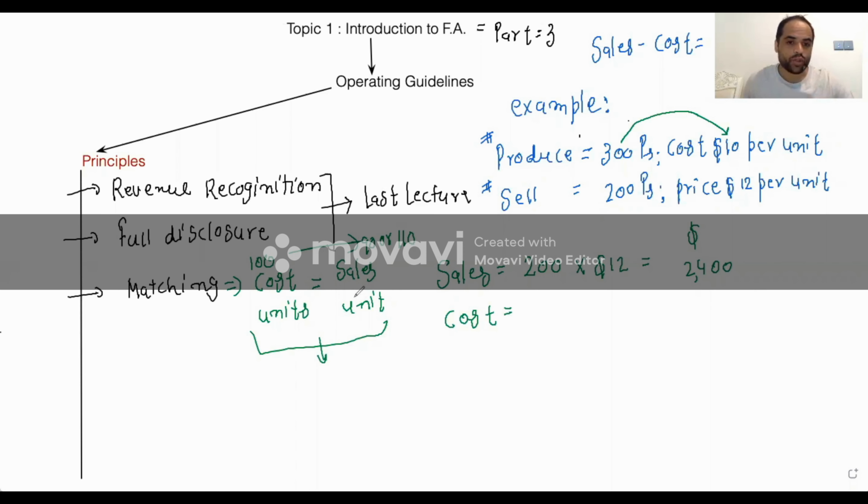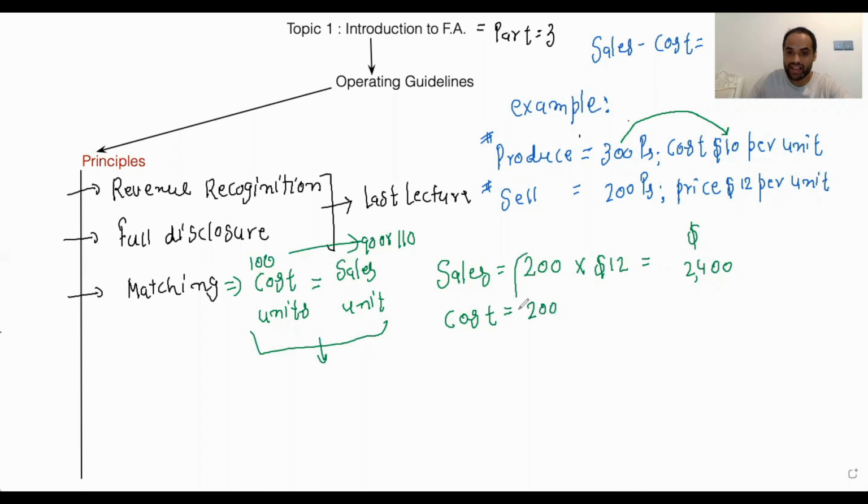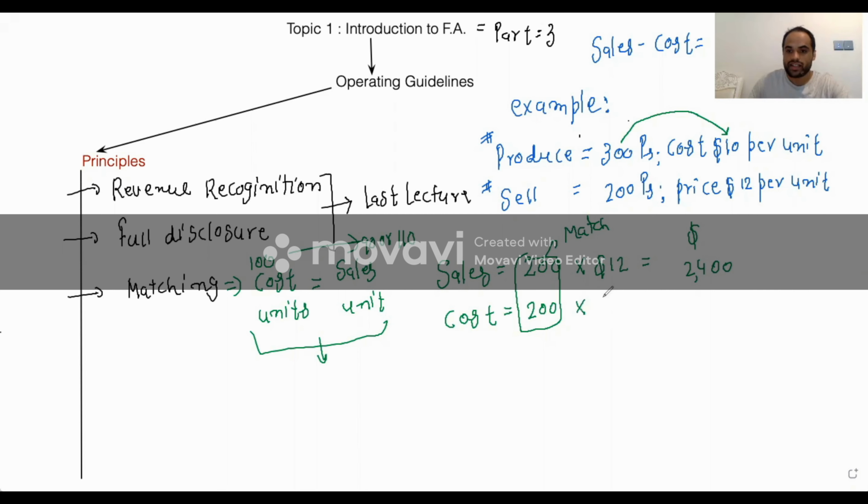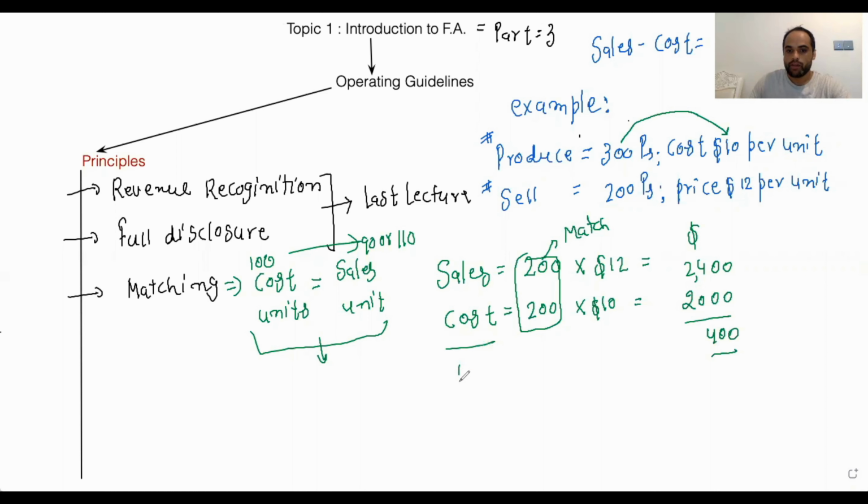By that reason, your profit cannot be accurate. So here, your cost should be for 200 units. Units must be matched, not the price, not the money. And the cost is 10, so 2,000. So 400 is profit, not loss.